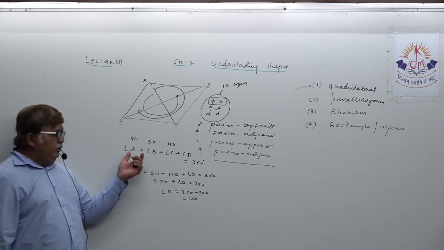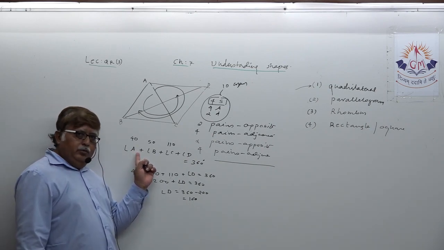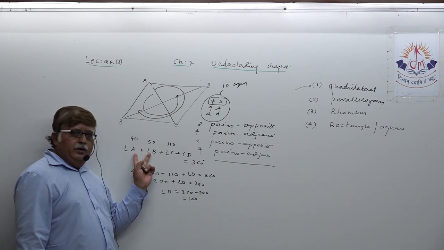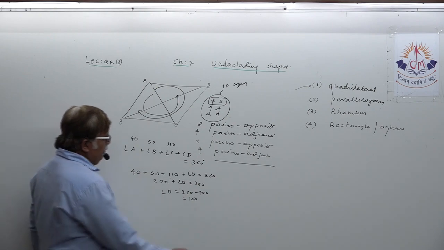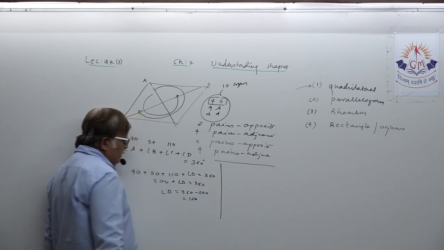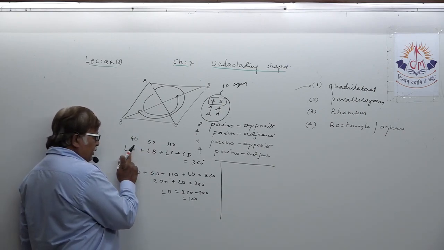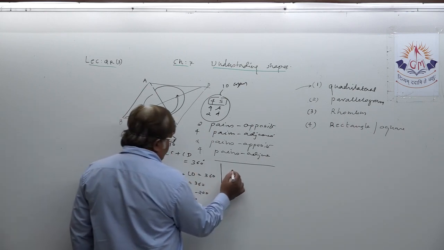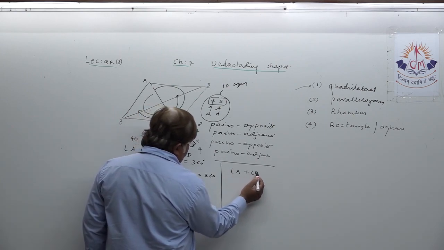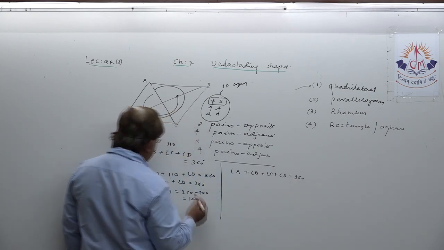It may happen, dear student, that in such type of example you may be given measures of two angles and the rest of the two angles are equal. Suppose they have mentioned that the measures of two angles are 60 and 80 and the rest of the two angles are equal. So you write the formula: angle A plus angle B plus angle C plus angle D equal to 360 degrees.